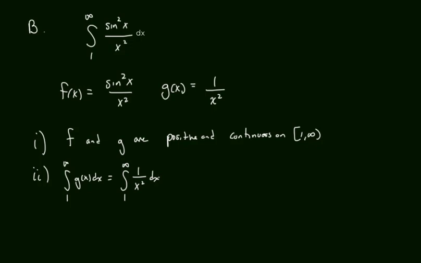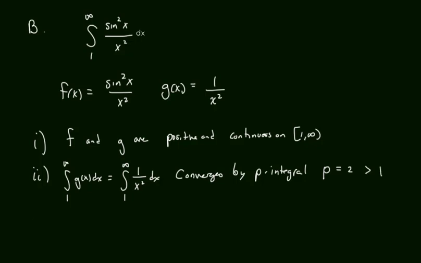Part 2, the integral from 1 to infinity of g of x equals the integral from 1 to infinity of 1 over x squared dx. And we should know that this converges by p integral. P series is what we'll do later when dealing with series. P integral with p equals 2, which is bigger than 1.